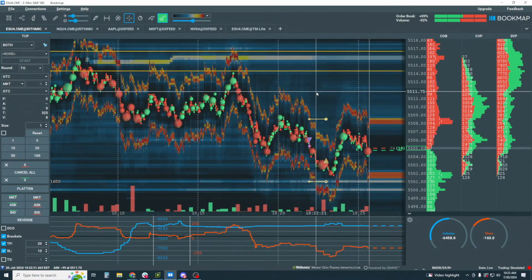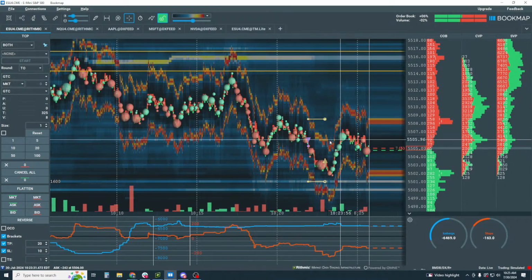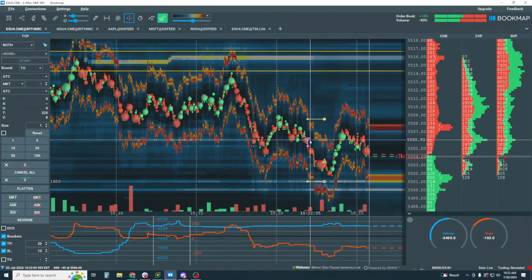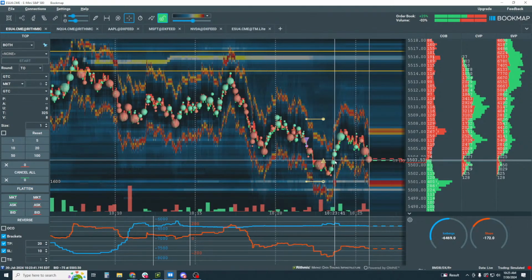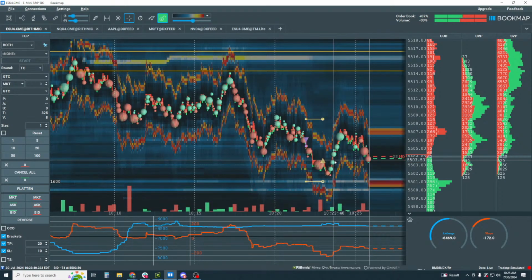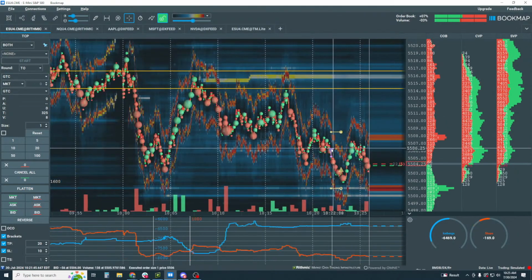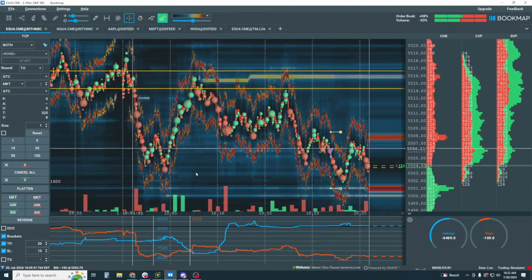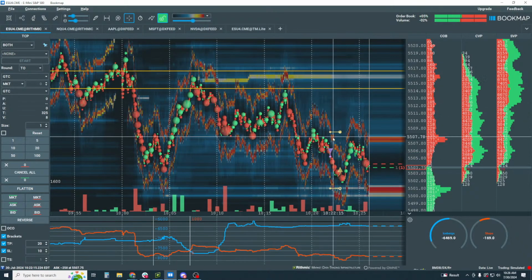That's it. And the more that you study this and get experience with it, the more you are able to find these opportunities and take advantage of them. The best way to do this would be to go back and record your data in here, go back in replay mode and look again. Trade it again.